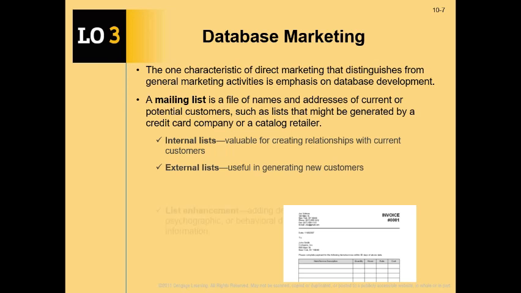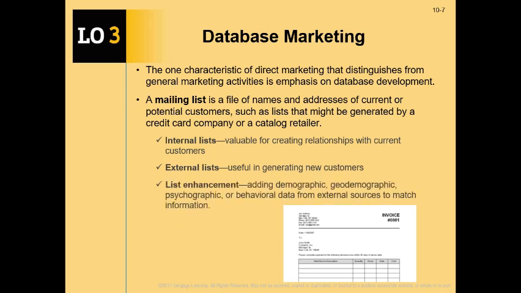Why is this? Because what you want to do is precisely enhance that information by adding other types of data that are richer, that give you insights and better tools to improve your communication with them. So it's not enough to have a name, an address, and a phone number for contacting somebody. What you want is to enhance this list with information from a demographic perspective, right?